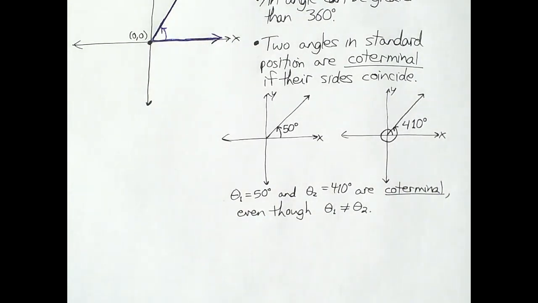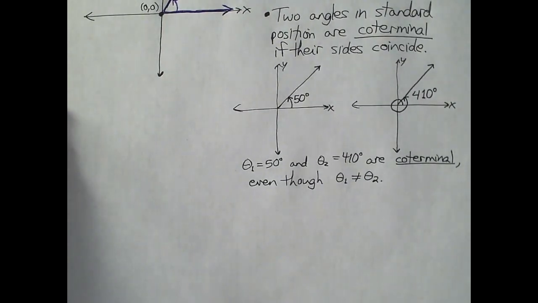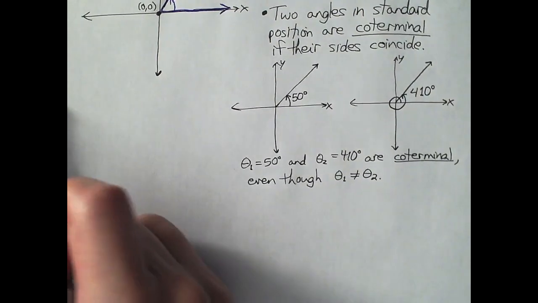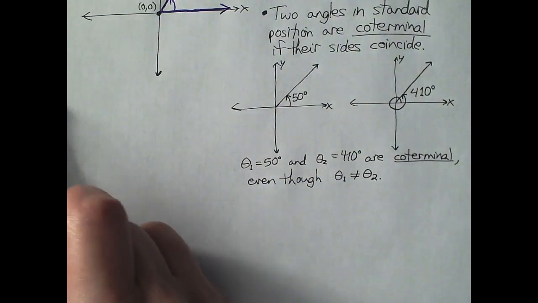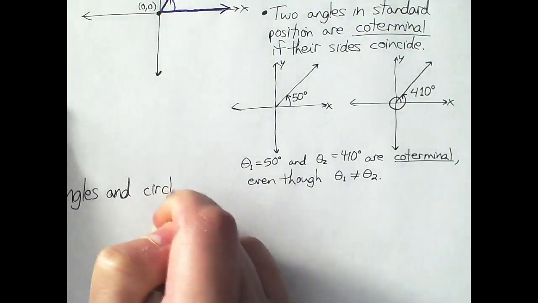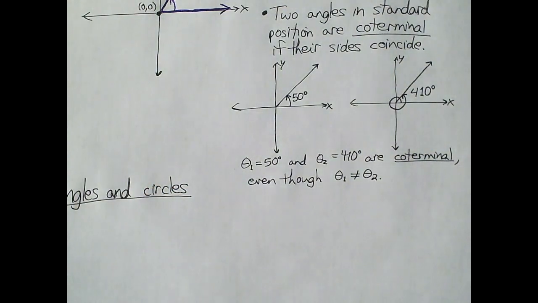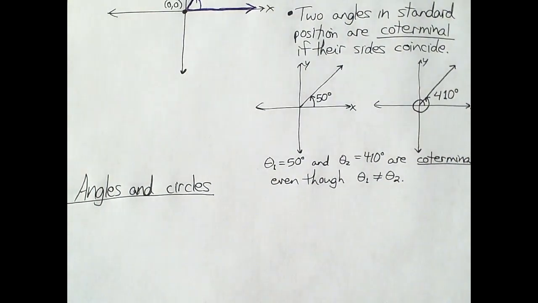Now, I said we were still going to talk about circles a little bit. We're not completely done with our discussion of circles. I want to talk more about how angles and circles are related. How about this? We've seen how circles can tell us things about angles.